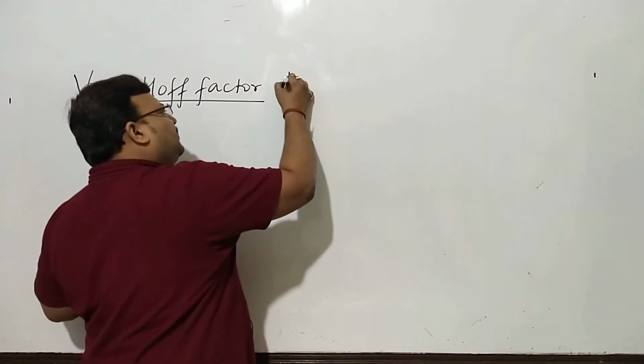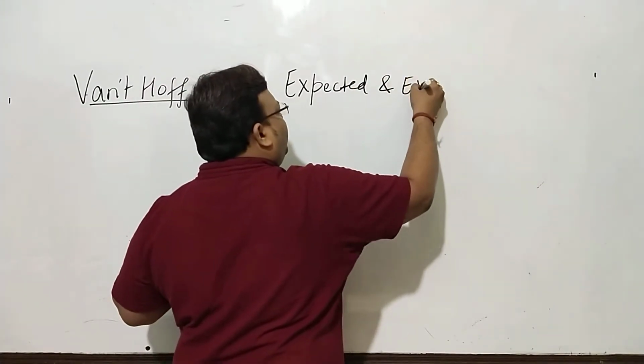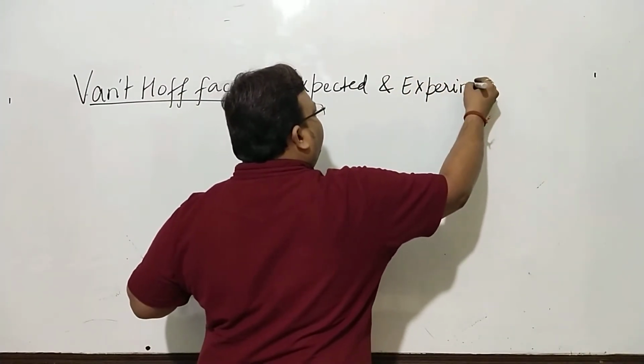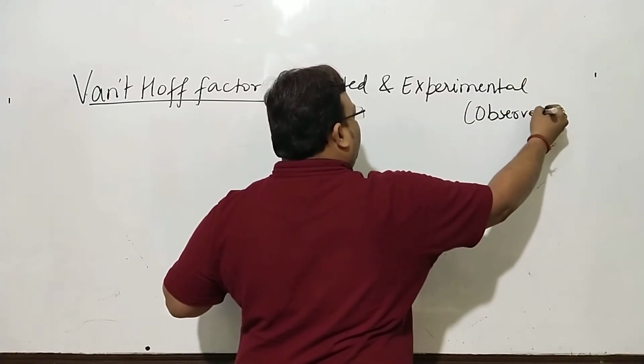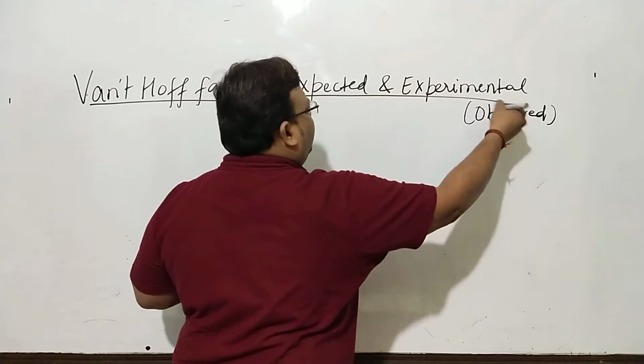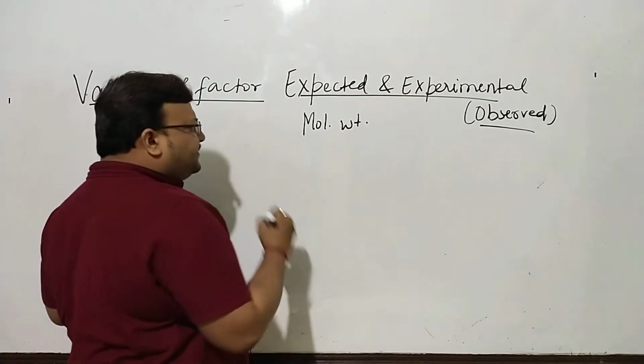I'll rather call it expected and experimental molecular weight. Experimental will be the same as observed. Expected and experimental or observed molecular weight or molecular mass.